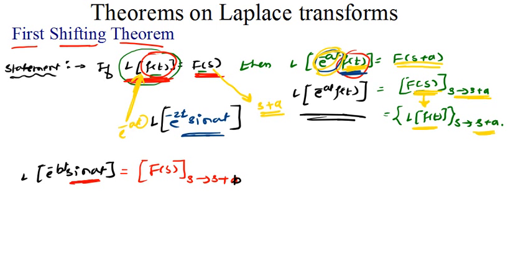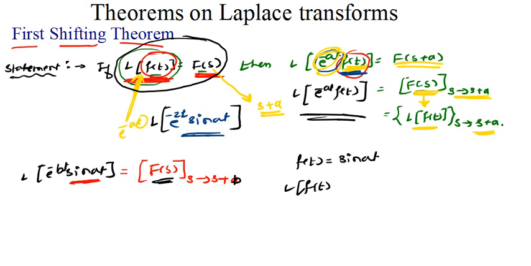See this, what is this F of s? By the statement of the theorem, F of s is nothing but L of f of t. And f of t is sin at. If you take the Laplace transform of sin at, it is nothing but a upon s square plus a square. So this is our value for F of s.